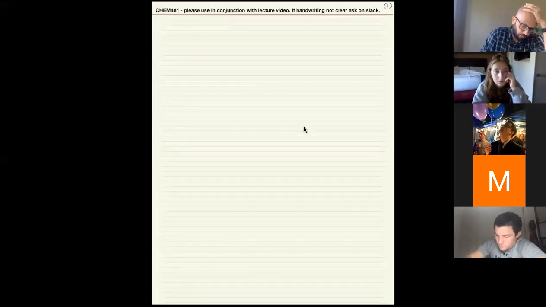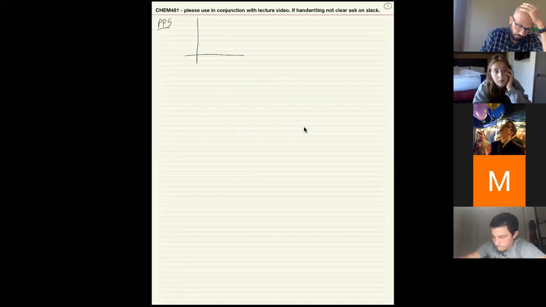Problem 5, another way of thinking about it is that you have two processes going on.